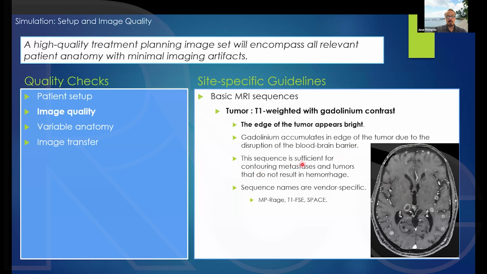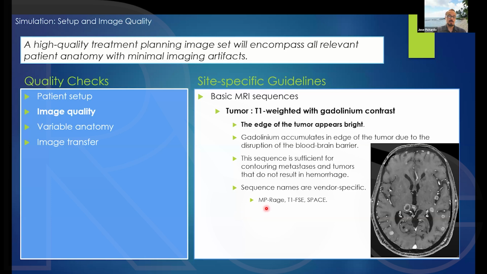Now, this sequence, like I say here, it's sufficient for contouring metastasis and tumors that do not involve hemorrhage, right? Hemorrhage means like blood or other fluids are coming out of it. The other thing to consider is that depending on what MR scanner you have, you may have different names for the images, right?